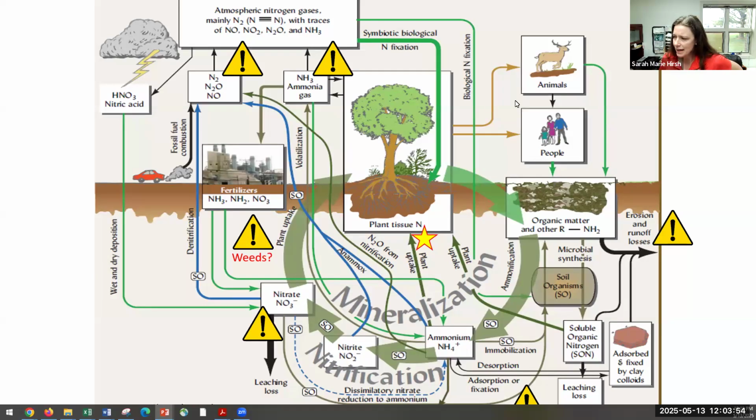Then the plants can take up all three of those forms of nitrogen. They can take up soluble organic nitrogen, they can take up ammonium, and they can take up nitrate.